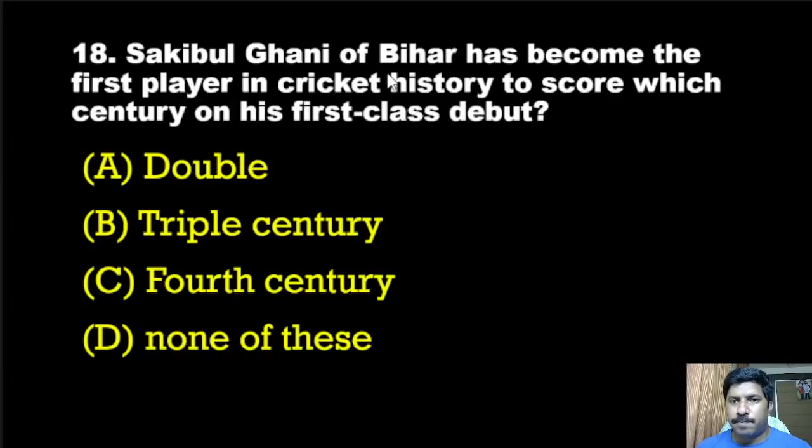Sakibul Ghani of Bihar has become the first player in cricket history to score which century on his first class debut? Double century, triple century, fourth century, none of these.